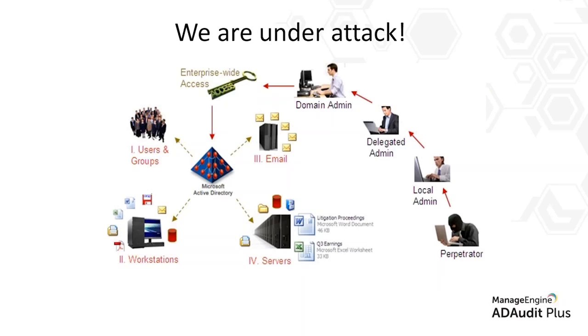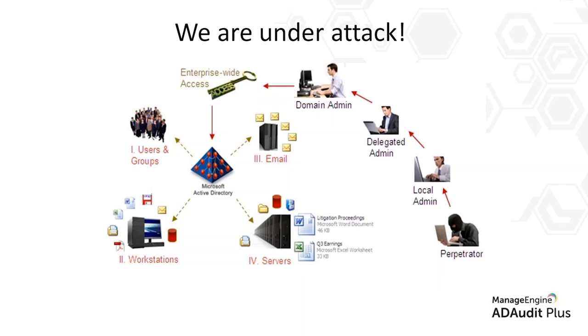And once he gets hold of it, those are the keys to your kingdom. That's enterprise-wide access. He could take care of your users, groups, emails, workstations, servers. For smooth operations, you would have multiple applications tied together with Active Directory.